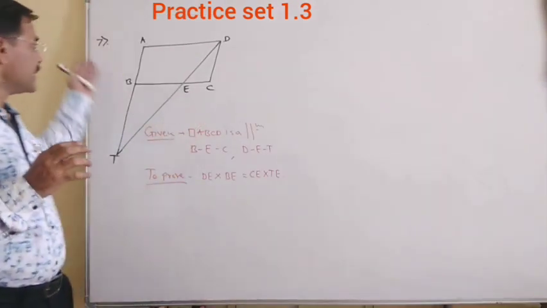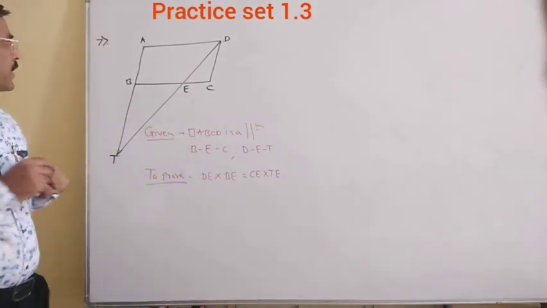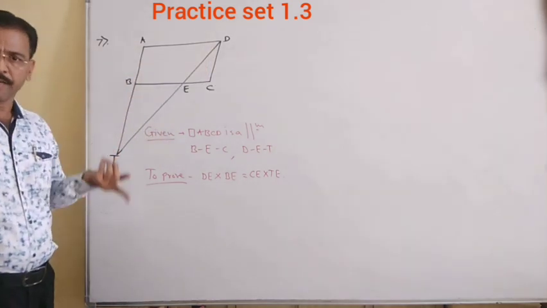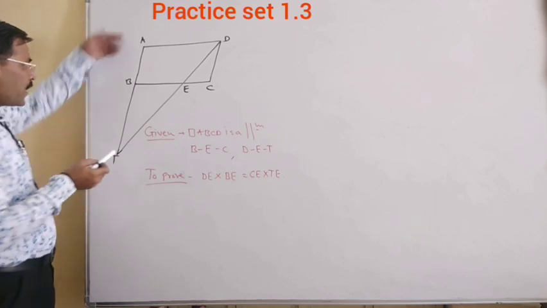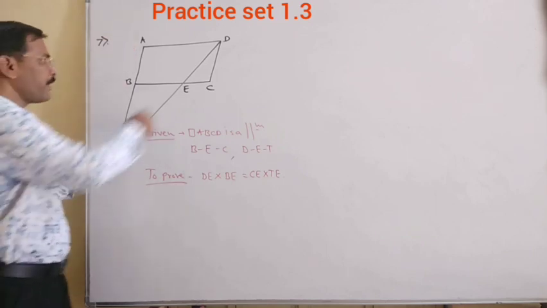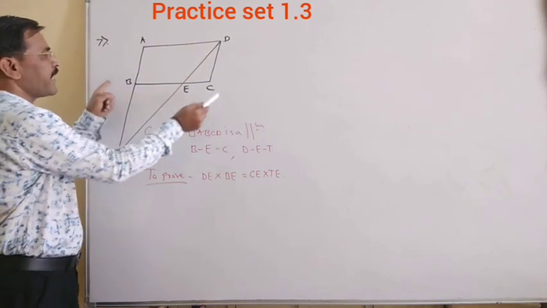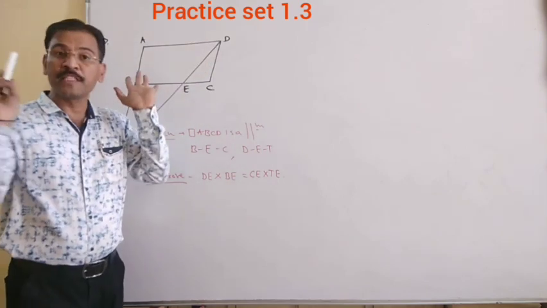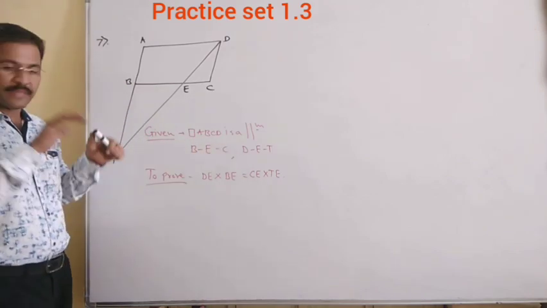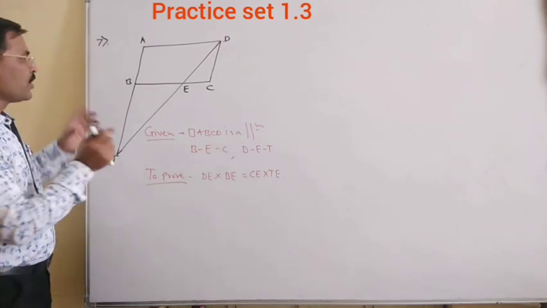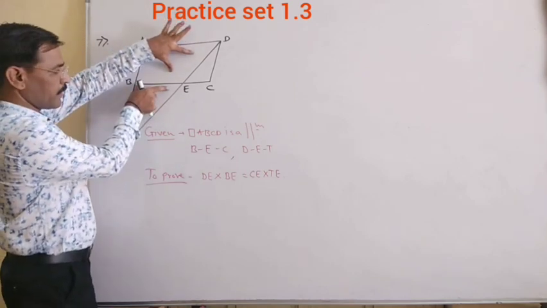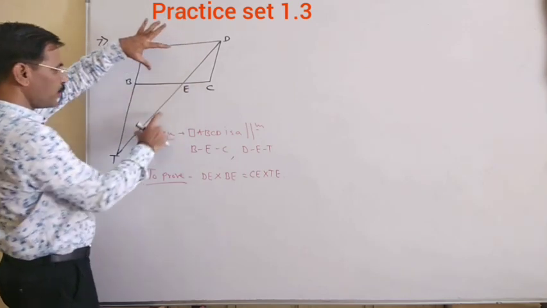Look here in the 7th sum. Here quadrilateral ABCD is a parallelogram, given to us. Now here, after extending, it is point E, and if we join this DT which intersects BC at point E, this much information is given to us. Now from that information we have to prove DE into BE is equal to CE into TE.